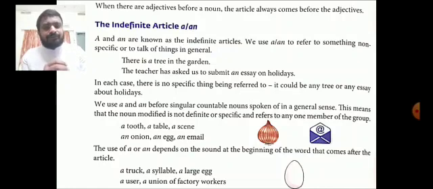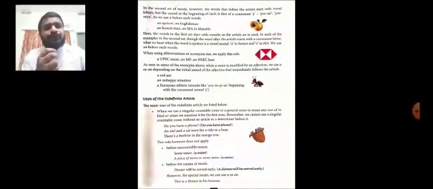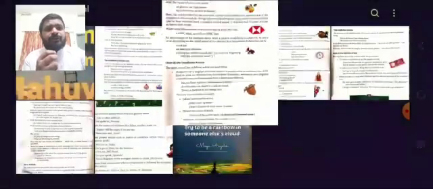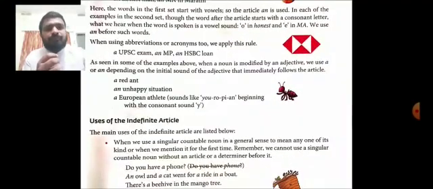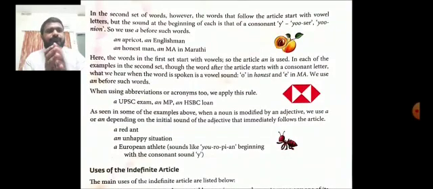Now you may wonder why with user we have used a, or with union we have used a. That's what we are going to see next. Even though we write user, the sound starts with a consonant, that is y, user.